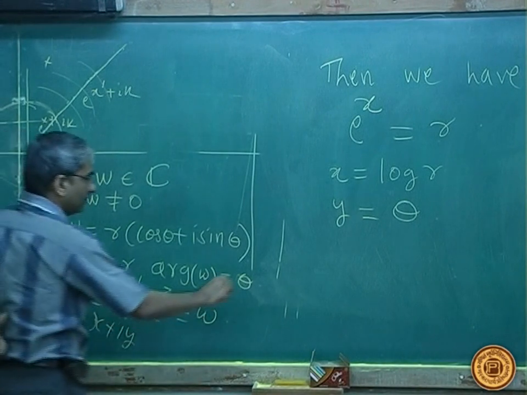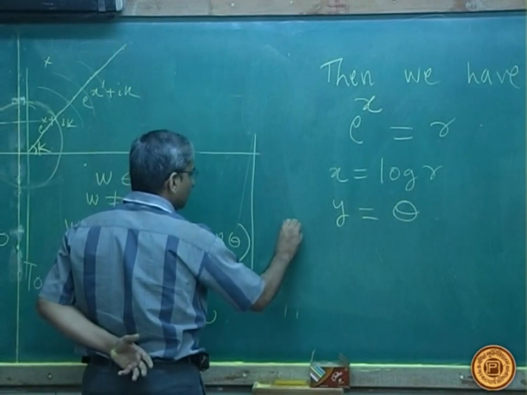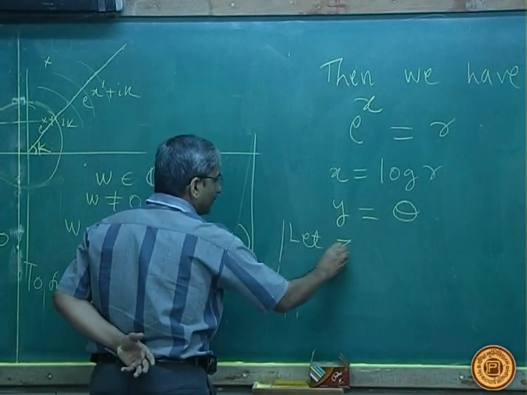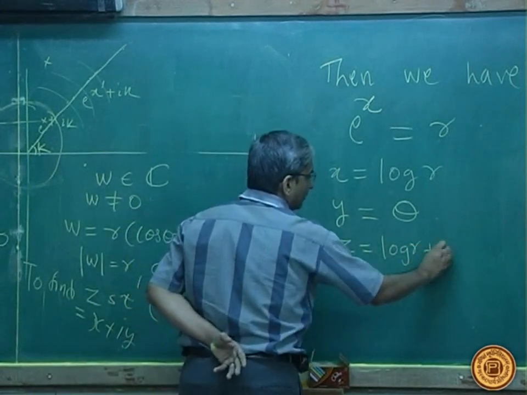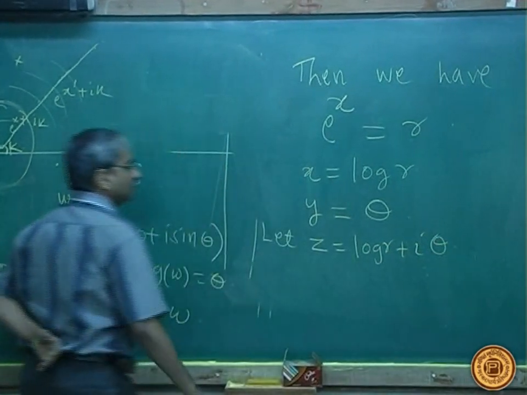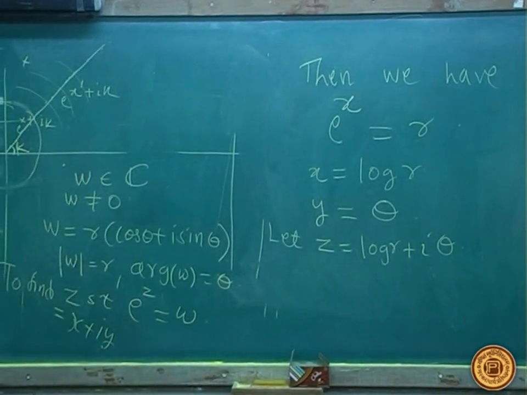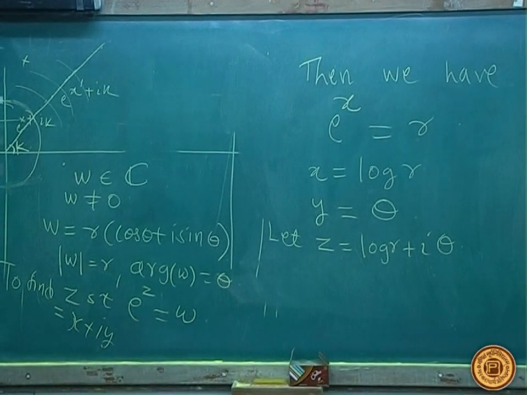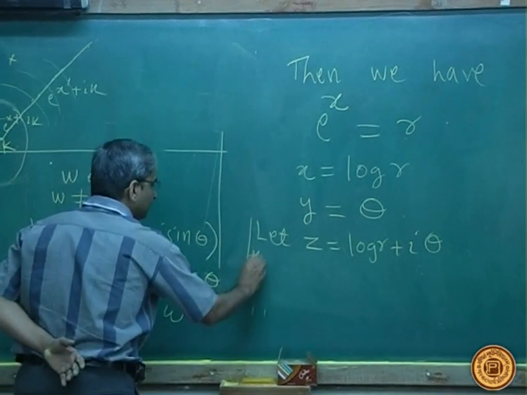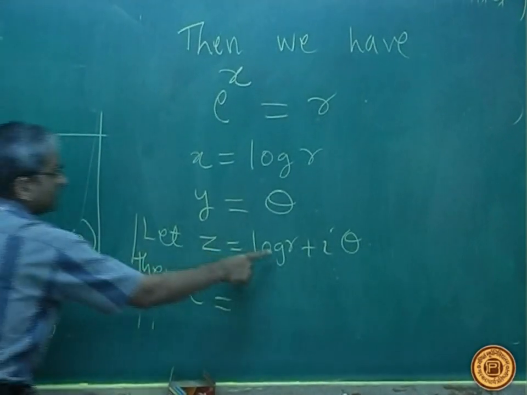So let z equal to x plus iy, that is log r plus i times theta. Then what is e to the power z? Then e to the power z is by definition, this is x plus iy.